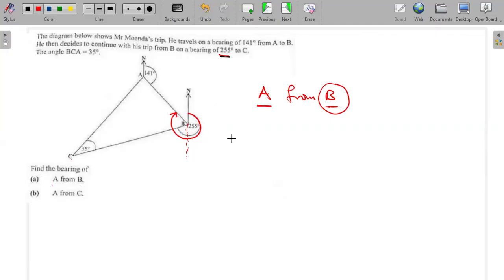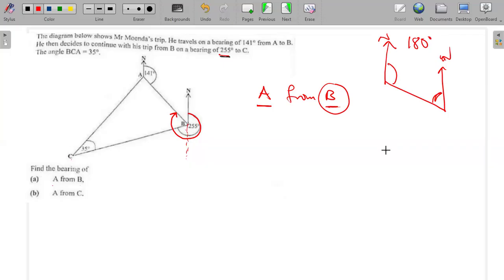Okay, so now how are we going to find that bearing or that angle there? Right, so first of all, angles like this, where you have the north here and another angle like that, the north there. This angle and that angle are said to be allied angles, and allied angles add up to 180 degrees.